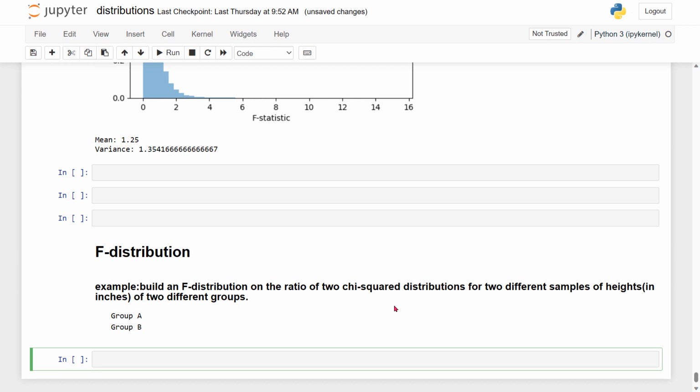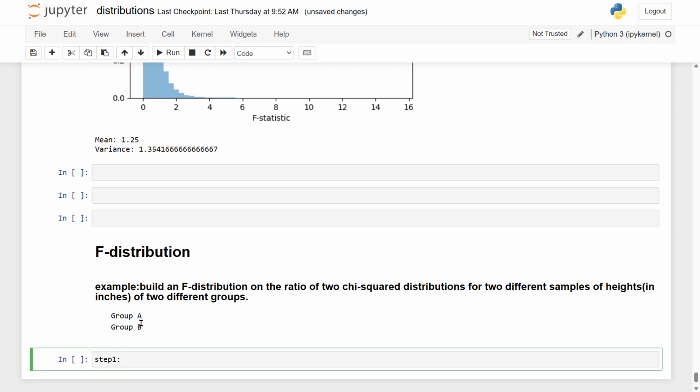So now let's begin. Step 1. You have two different groups, and from the two different groups you have two different samples of heights. Now we have to build an F distribution from this data.